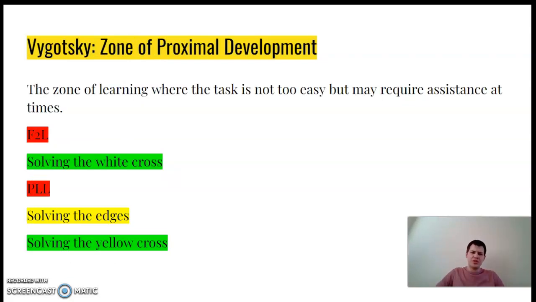So the zone of proximal development. There's an advanced method to solving the Rubik's Cube that even though it's more efficient, it's harder to remember and harder to memorize. For instance, F2L. F2L stands for first 2 layers.